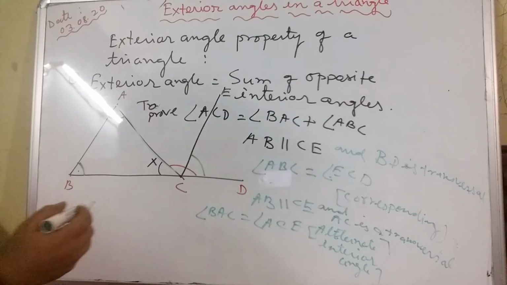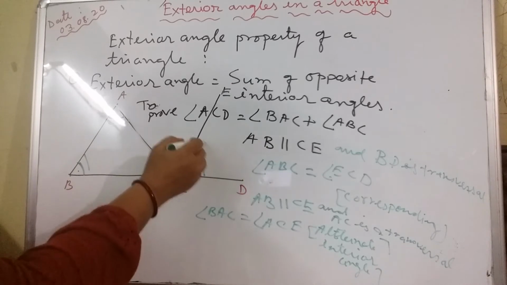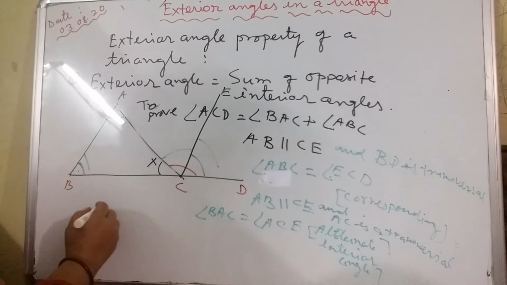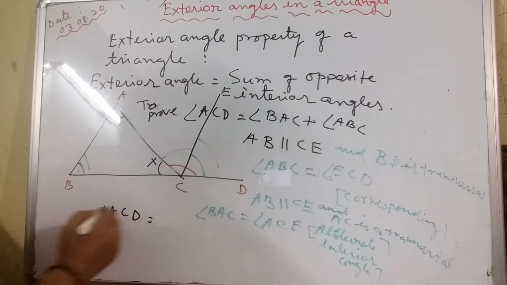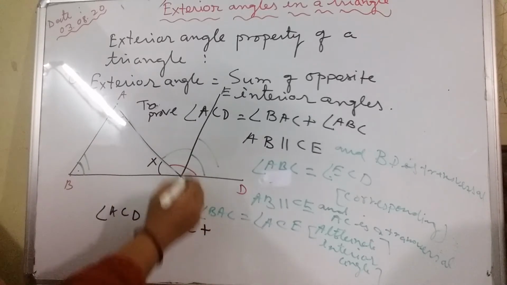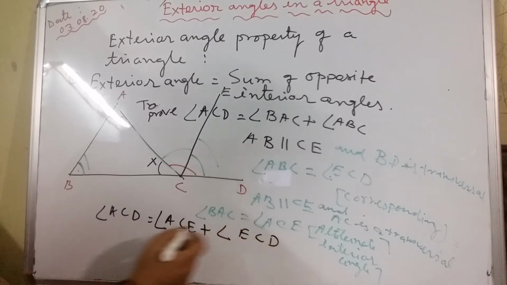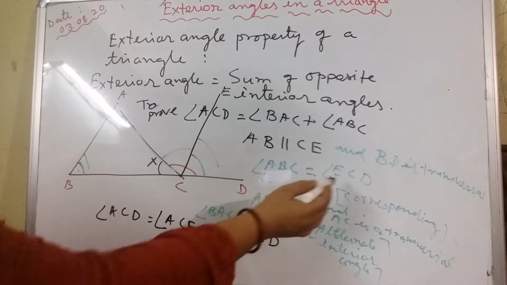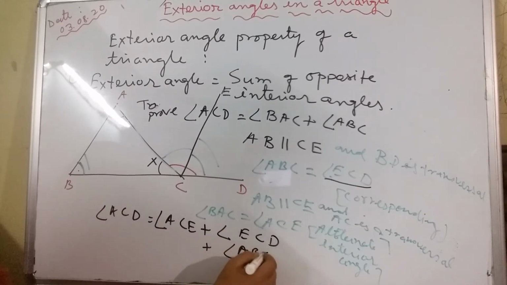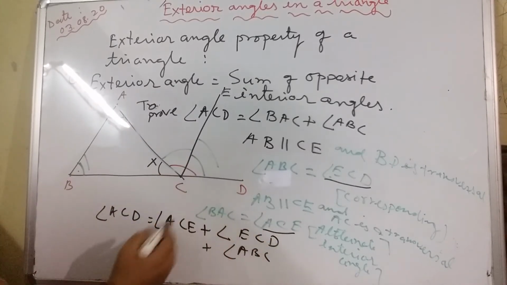Okay, so what we have proved, this one is equal to this one and this one equals to this one. So angle ACD equals the sum of angle ACE plus angle ECD. Now what we have proved, this ECD equals angle ABC and this ACE equals angle BAC.